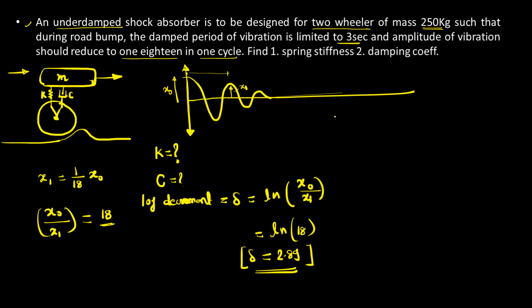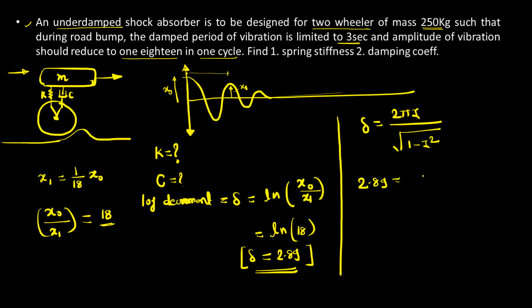Okay, so after delta, find out this zeta value. So use the relation for delta. The second equation of delta is 2 pi zeta upon square root 1 minus zeta square. So put the value delta equal to 2.89. This is equal to 2 pi zeta upon square root 1 minus zeta square.